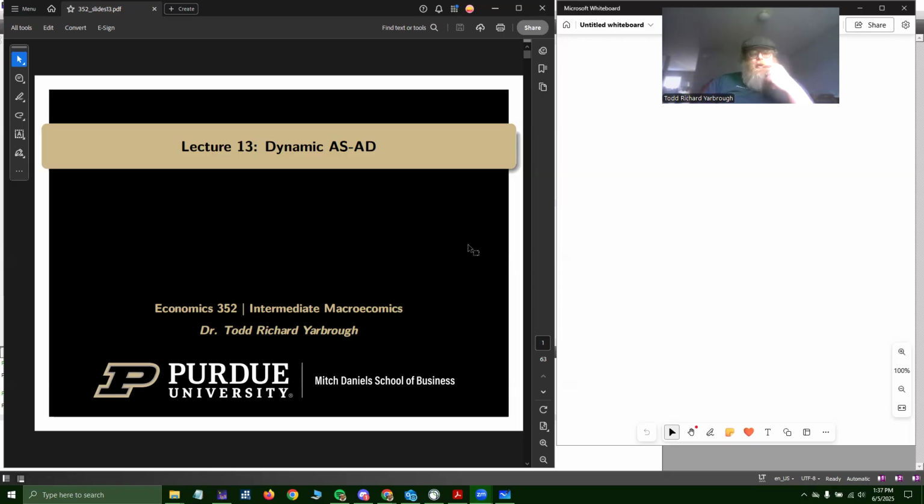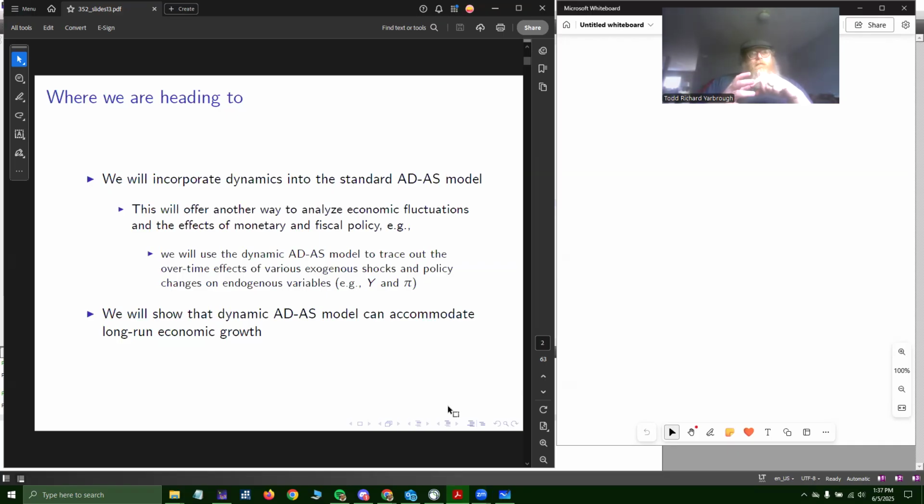Okay, so really the point of all this is that we are going to try to bridge the gap between the short run and the long run. Now, in the short run versus the long run, not only do you have this transition of time, but you also have a transition of priorities, right?